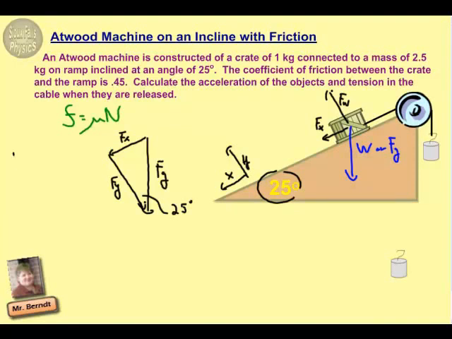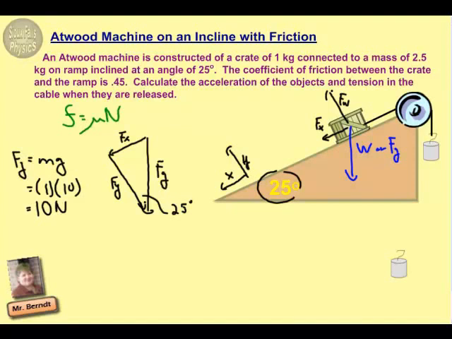And F of G is very easy to solve because F of G is simply mass times gravity. Let's use 10 for gravity just to make our life easy. We know our mass of the crate is 1. So we got 10 times 1. That will give us a force of gravity of 10 newtons downward.